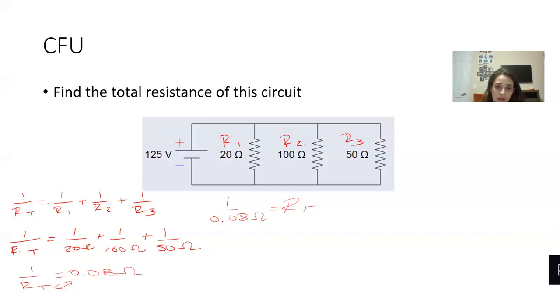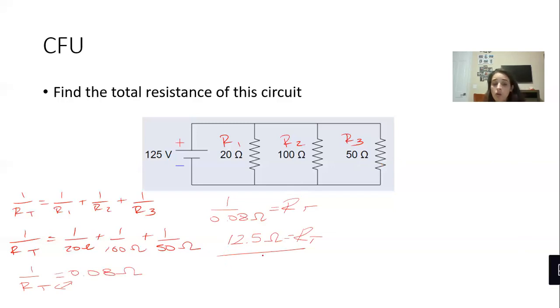And then if I again plug this number into a calculator, I find that my total resistance is equal to 12.5 ohms. So I see 12.5 ohms is significantly less than any of the resistors that are connected here. Right? So again, to the point that the more resistors you add in parallel, the less your total resistance becomes.